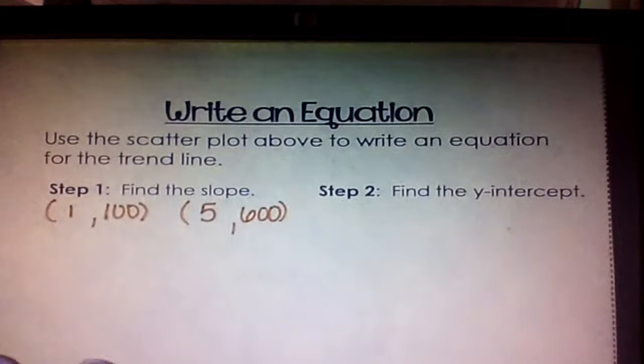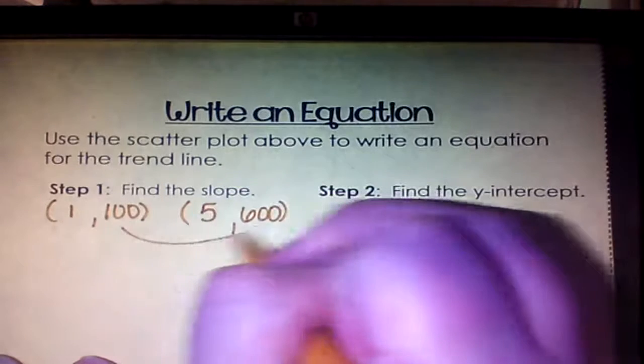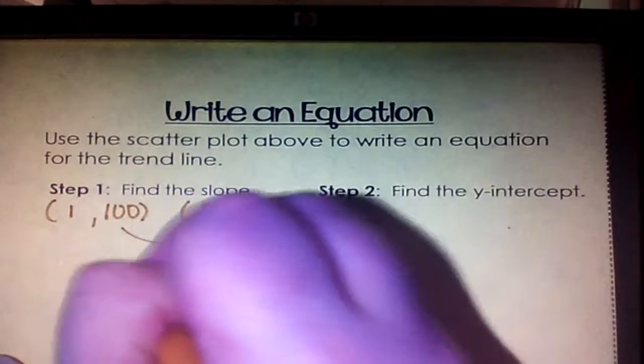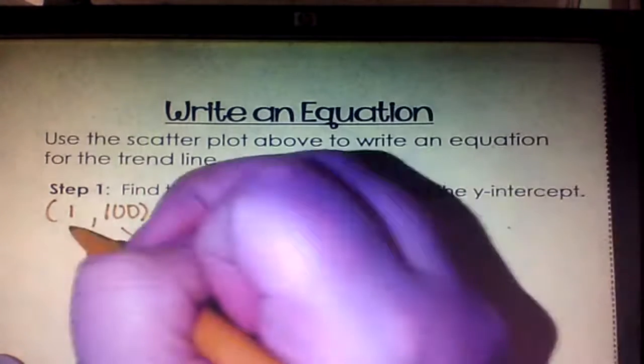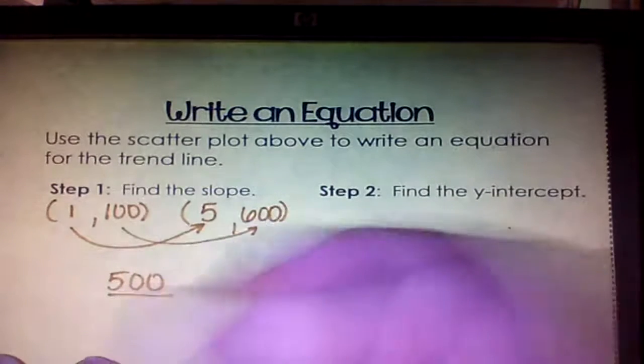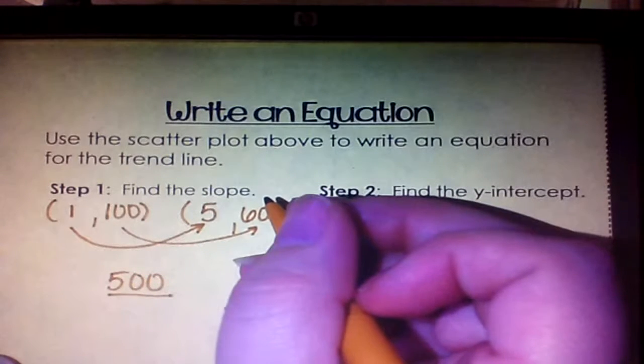Okay, so to find the slope, I need to find the change in my y. So I'm going from 100 to 600. That's 500. It increases by 500. My x's are going from 1 to 5, so that's an increase of 4.